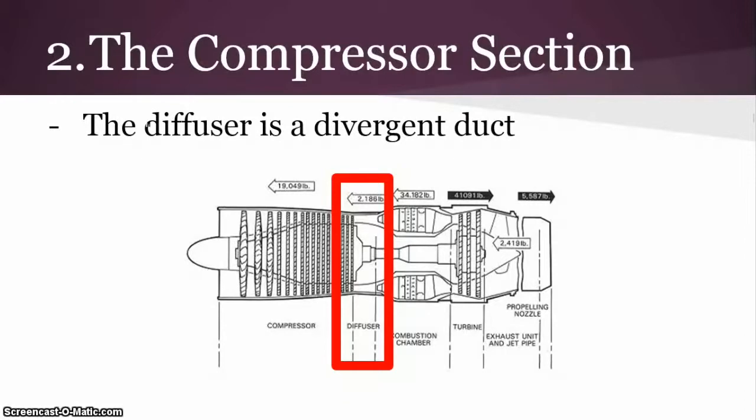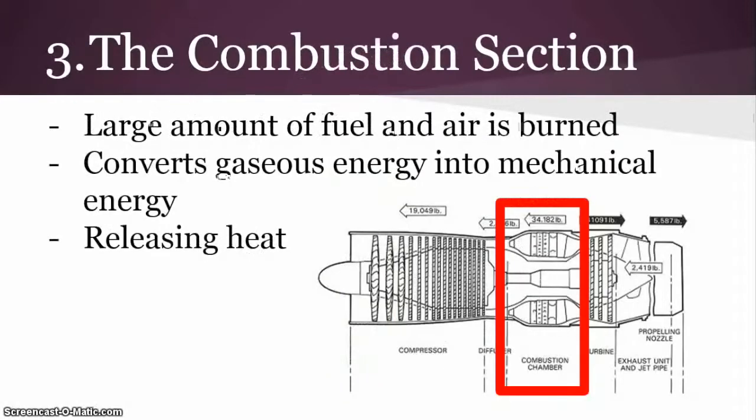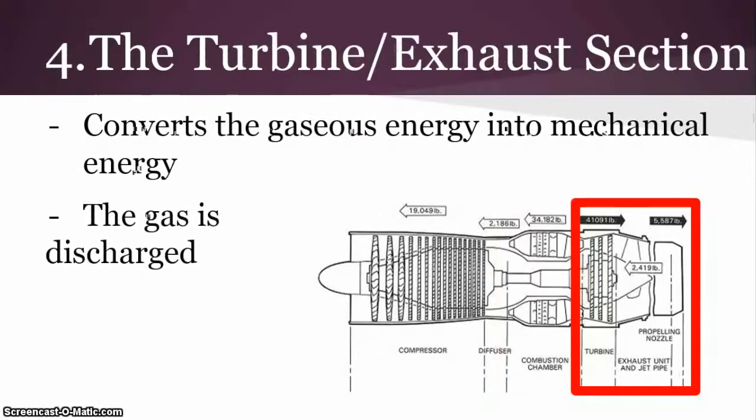Once the air flows through the diffuser, it enters the combustion section, also called the combustor. In this part, large amounts of fuel and air are burned and released as heat. Then, the turbine converts the gaseous energy into mechanical energy by expanding the hot, high-pressure gases to a lower temperature and pressure.